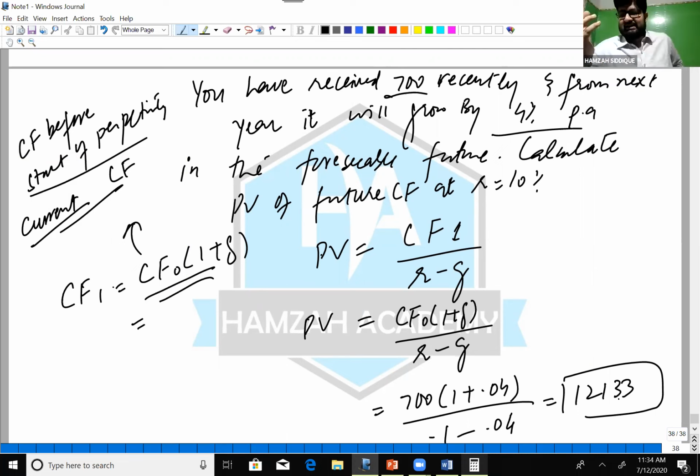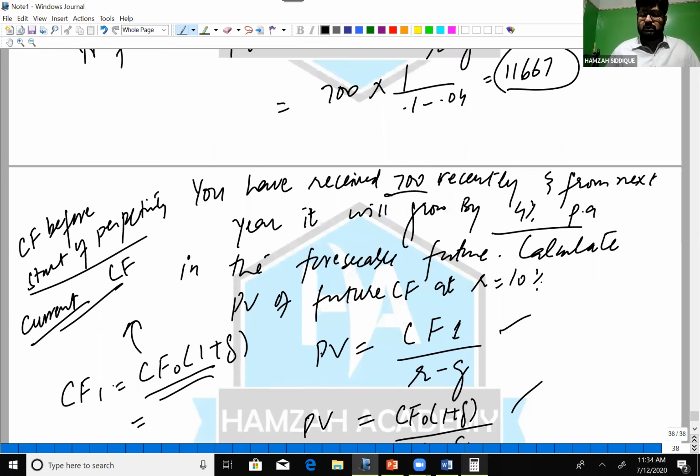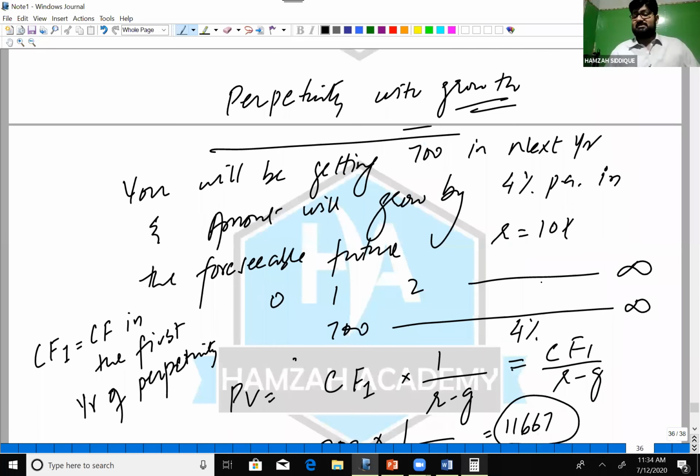Shouldn't make this mistake in the exam of being unable to differentiate. Here perpetuity is starting from next year. They have given you the current year cash flow before, so next year's cash flow we need to calculate. And here they have said starting from the next year. So we need to understand and apply it appropriately.